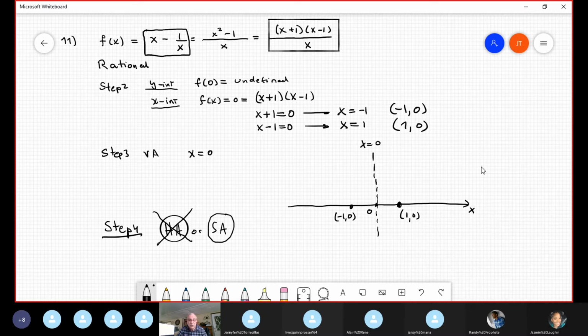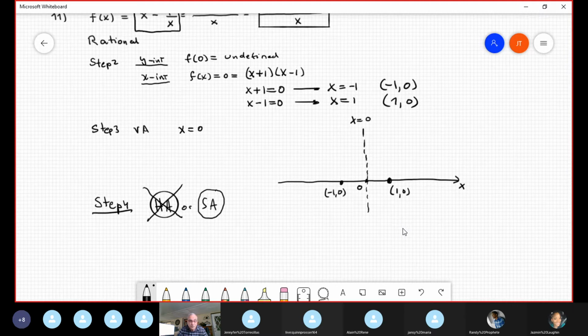And to find the equation for the slant, we are doing the division. But actually, I am doing it in the original expression. Let me copy that. y equals, or f of x, it doesn't matter, x minus 1 over x, no?